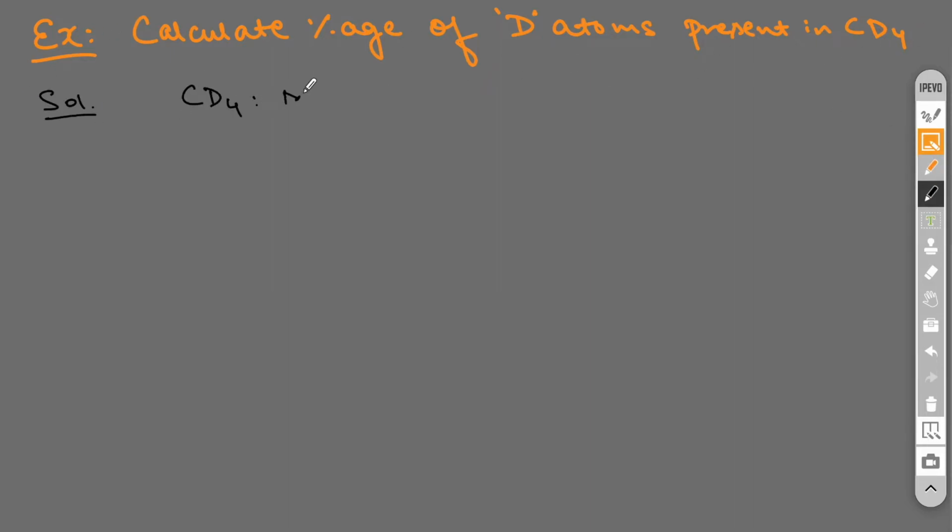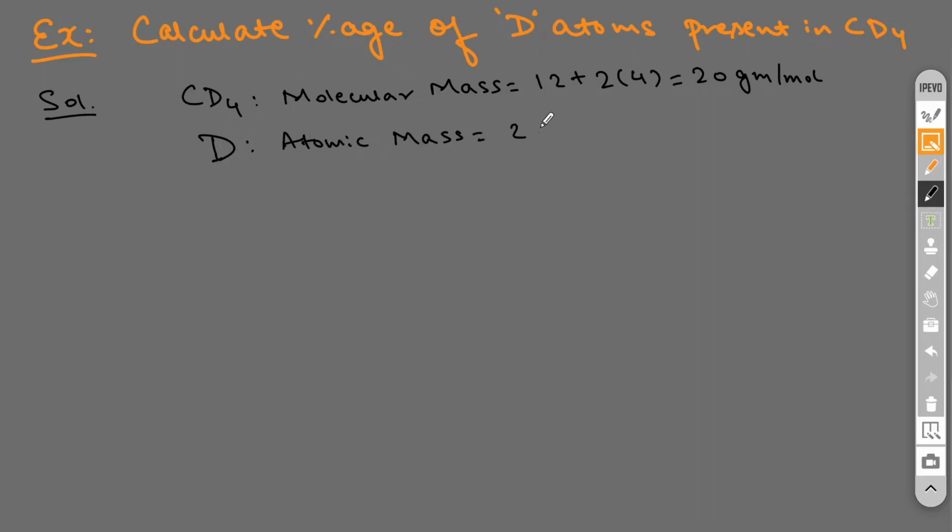Here CD4 molecular mass for this compound is 12 gram per mole for carbon, and for deuterium is 2 gram per mole multiplied by 4, which is 20 gram per mole. The atomic mass for deuterium is 2 gram per mole. Also, atomicity of deuterium in CD4 is 4. There are 4 atoms, so atomicity is 4.